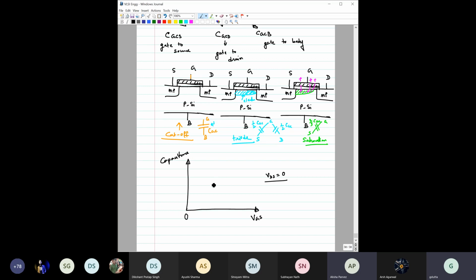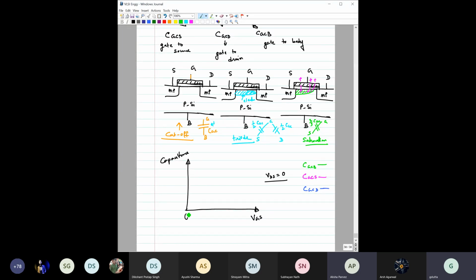Three components we will draw. The first one is CGCB, which will be the green line. Then CGC source, which we'll use for the pink line, and CGC drain, which will use the blue line. Could you please guide me how these things will look?